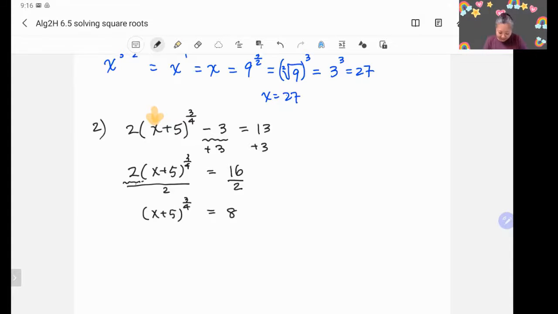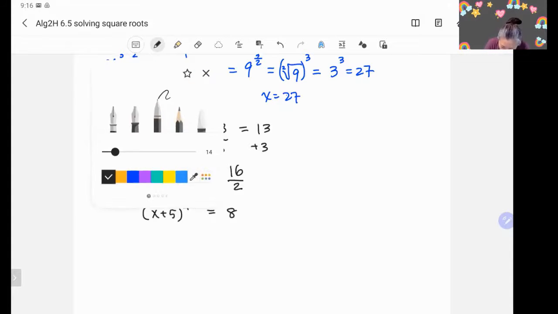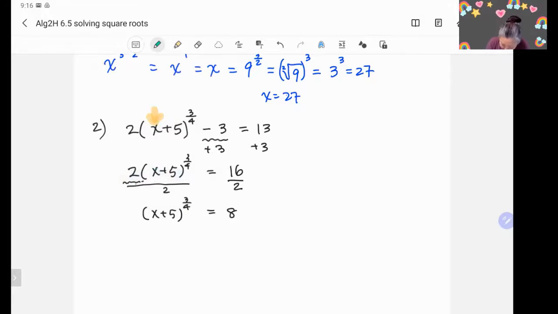Then I will raise both sides by 4/3, right?